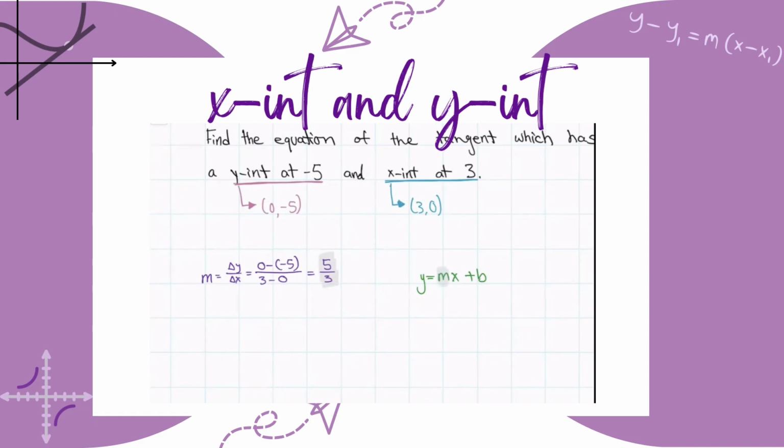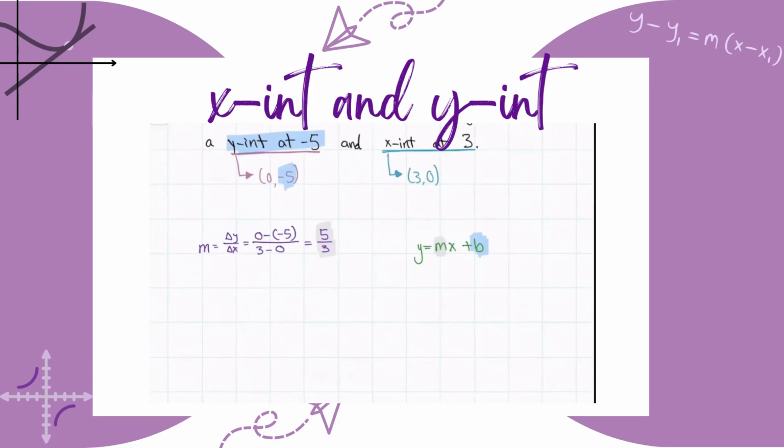So next, we would figure out what our y-intercept is, which is given to us right here. So we just plug those two values in. So it's going to be y equals 5 over 3x minus 5.